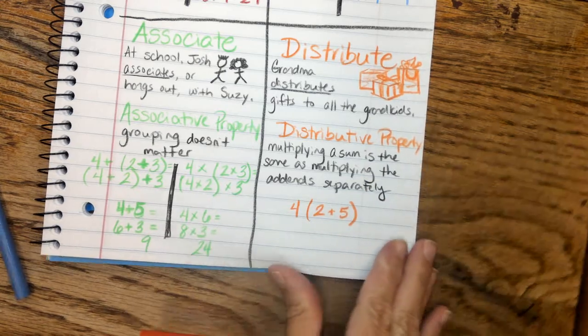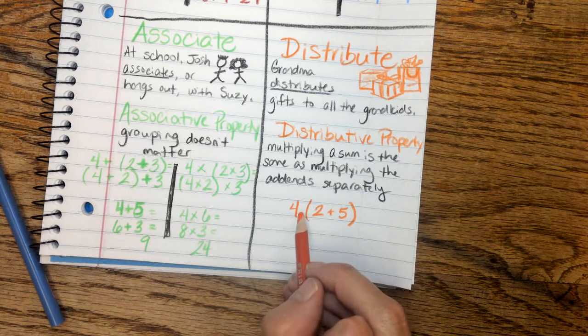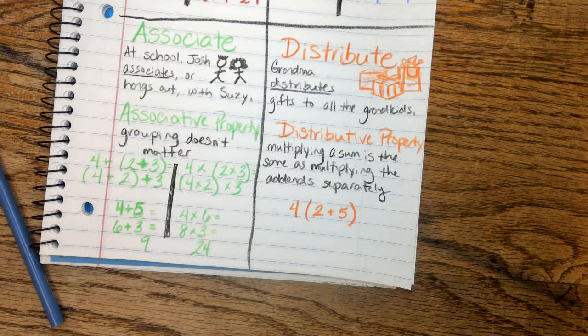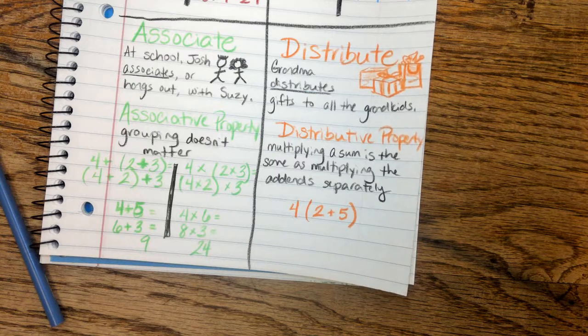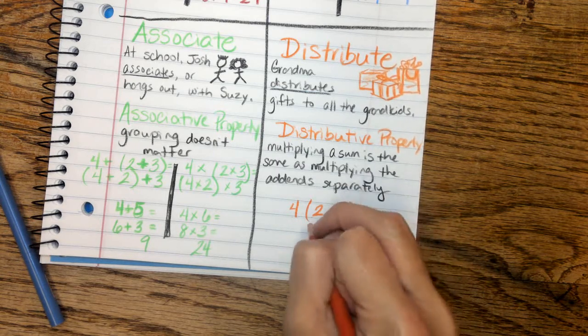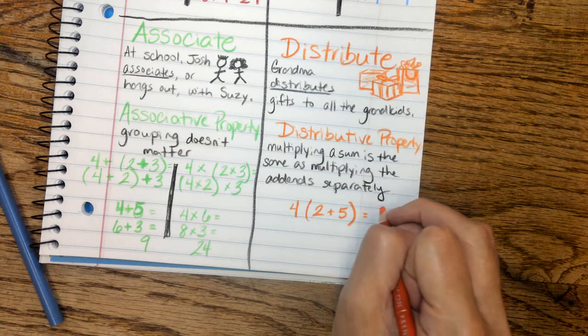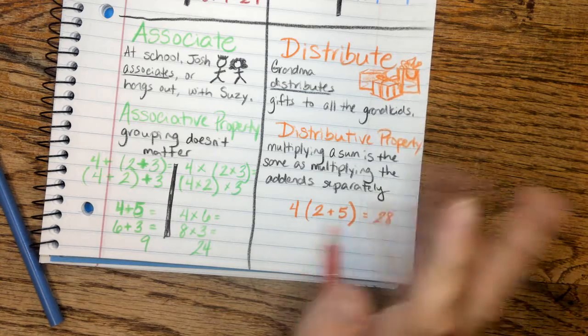Okay, all right. So and we've talked about, this 4 next to the parentheses means that we're multiplying, and your order of operations would tell you that that's going to be 4 times 7, okay? And what is 4 times 7? It's 28, right? Okay.